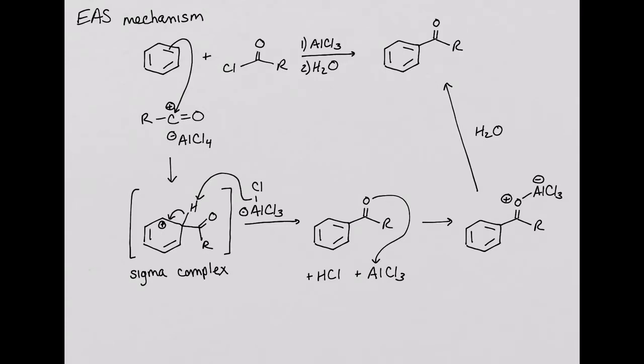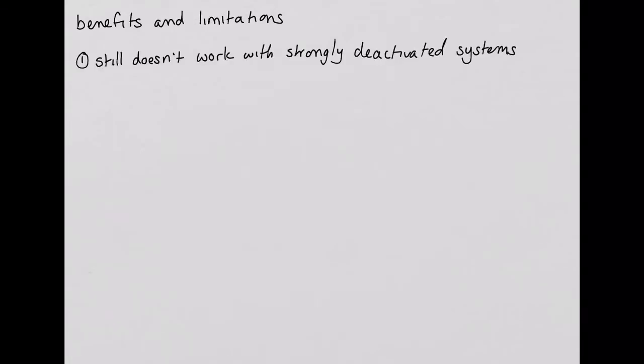Next, let's consider the benefits and limitations of the Friedel-Crafts acylation reaction. In comparing Friedel-Crafts acylation and alkylation, we learn that the acylation still does not work with strongly deactivating systems, just like the alkylation reaction. So for example, we cannot perform a Friedel-Crafts acylation reaction on nitrobenzene.